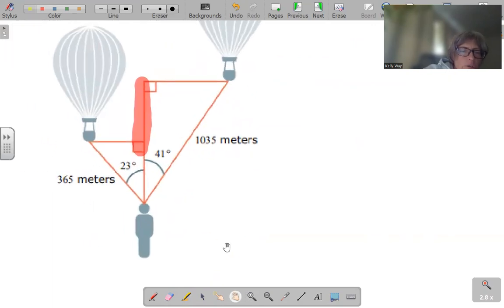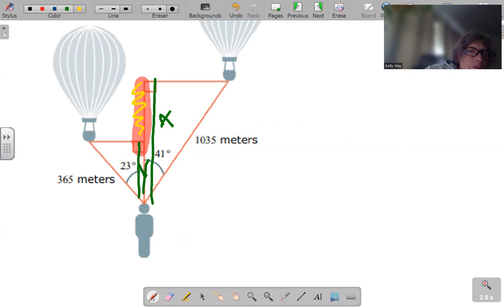Notice here that if we solve for this from here to here, we'll call that x. And we solve for this from here to here, we call that y. Then, if you subtract those, you'll get ultimately what you want, x minus y.